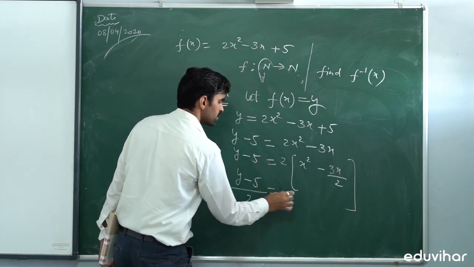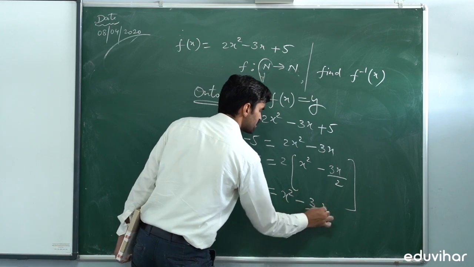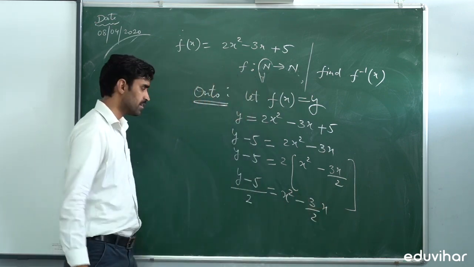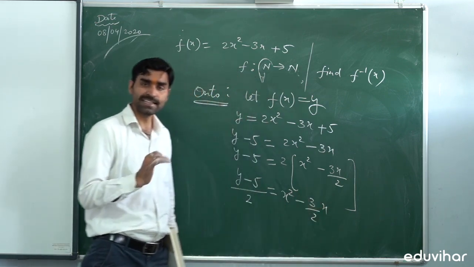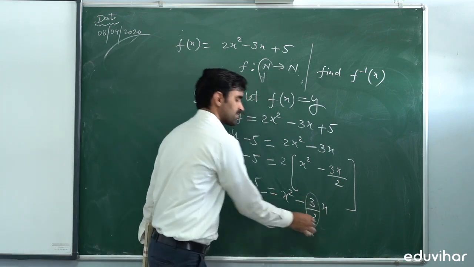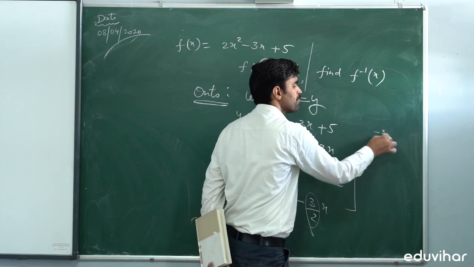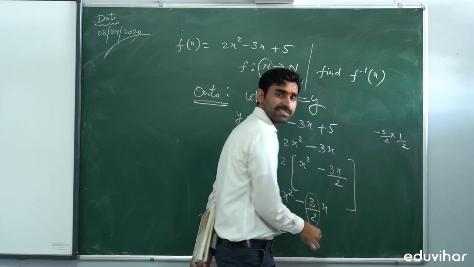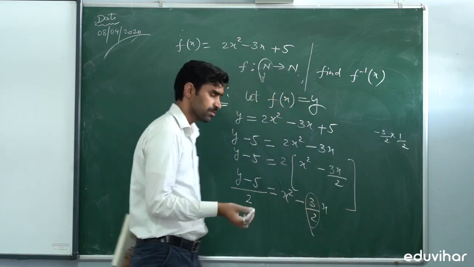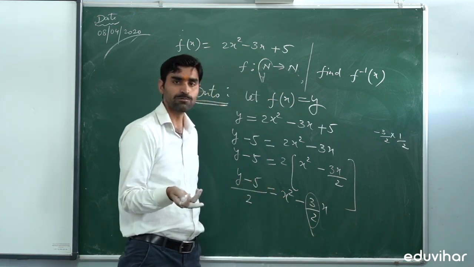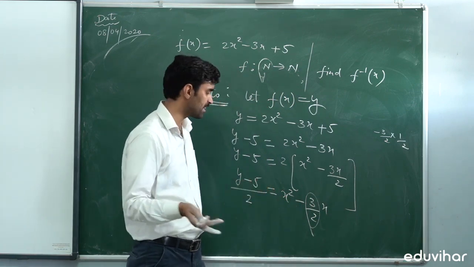We will get x square minus 3 upon 2 x. Okay. Now adding half of coefficient of x. Here coefficient of x is minus 3 by 2. So half of minus 3 by 2, that is minus 3 by 4. We have to calculate square of half of coefficient of x.